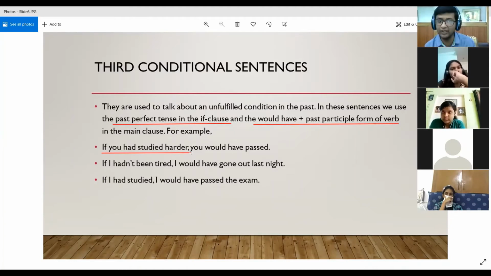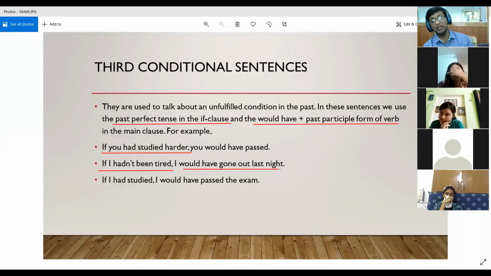So now a condition is being given that in the past, if you had studied harder, then what would have happened? You would have passed. Understood? So this is the role of third conditional sentences. See another example. If I hadn't been tired, I would have gone out last night.